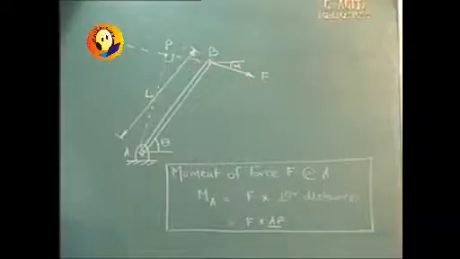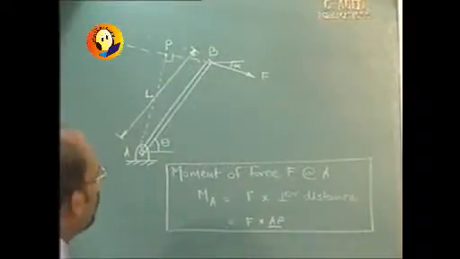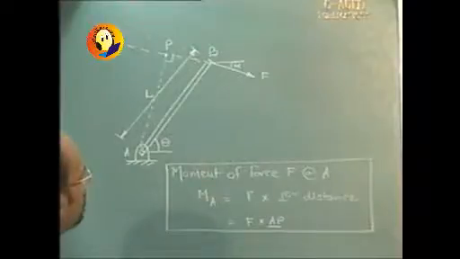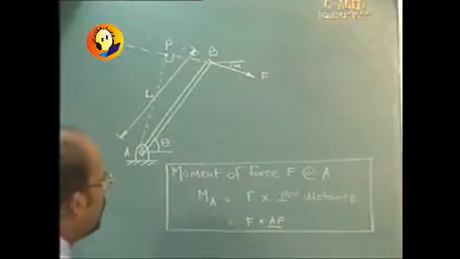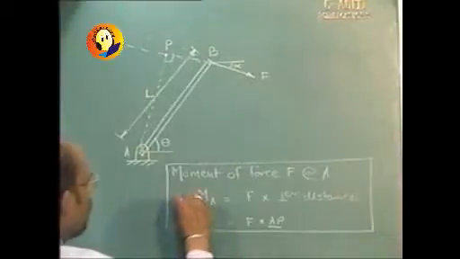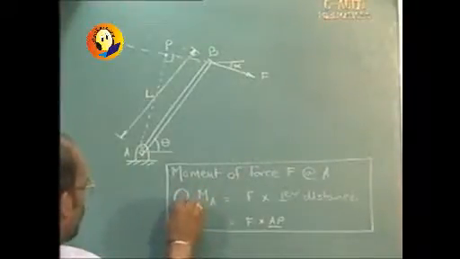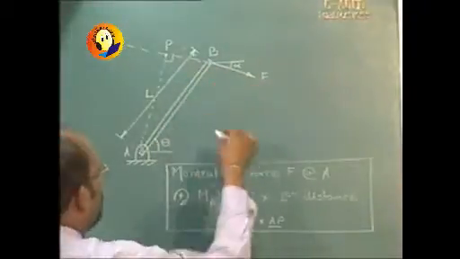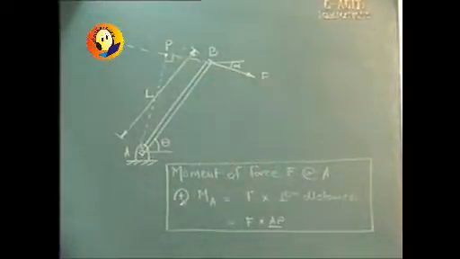Instead of that, we can go for finding the components of force F and then try to find the moment. Of course, when we talk about the moment, I am going to consider it as clockwise positive, and this moment is going to be the clockwise one.